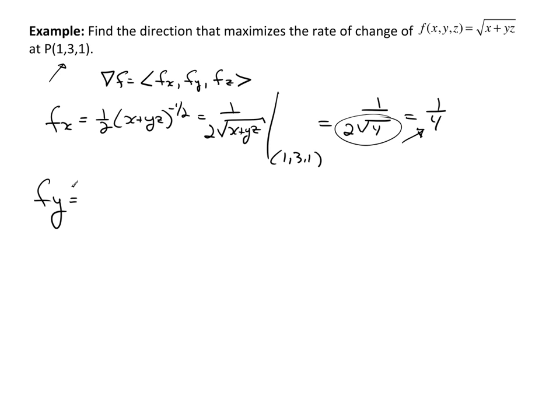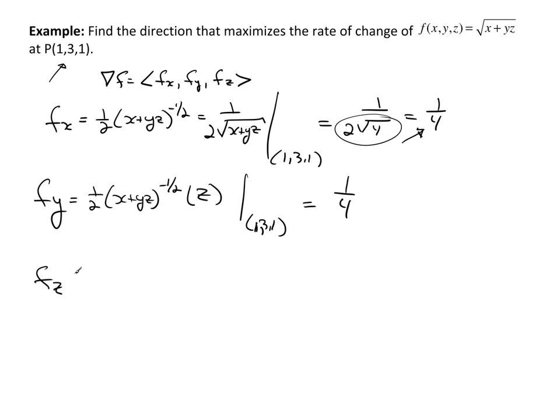So the partial with respect to y is going to be 1/2 (x plus yz) to the negative 1/2 times, but with respect to y, I'm going to have z in the numerator. If I evaluate this at (1, 3, 1), z is 1 in the numerator. This is still 4 in the denominator. So again, this is 1/4.